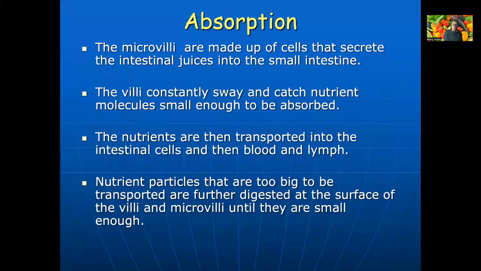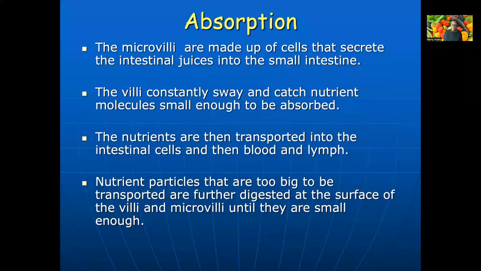Those microvilli are going to be structures of cells that secrete intestinal juices into the small intestine. And the villi kind of move back and forth in order to catch nutrients. Those nutrients are then transported into the cell and then into the blood and the lymph.